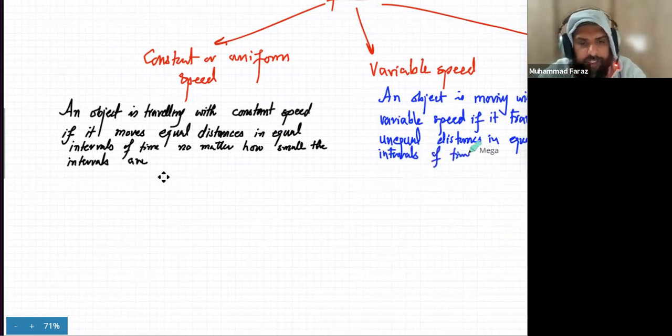If an object is traveling unequal distances in equal intervals of time, it is variable speed.